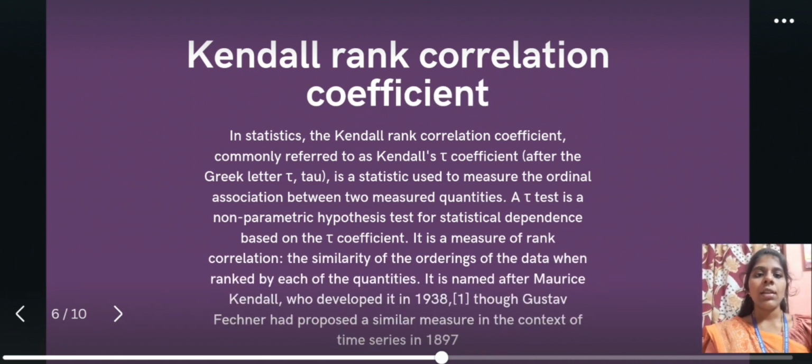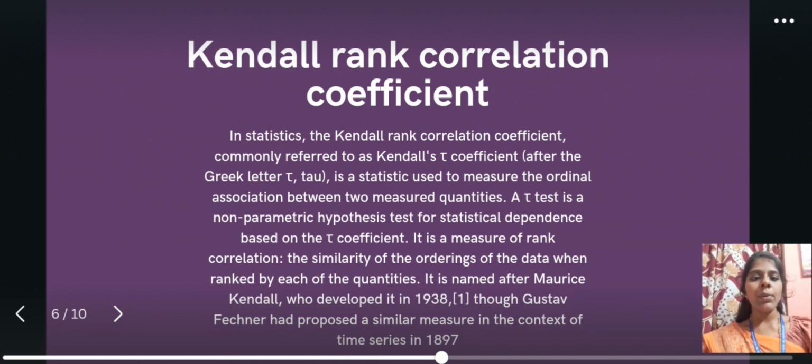In statistics, the Kendall rank correlation coefficient, commonly referred to as Kendall's tau coefficient after the Greek letter tau, is a statistic used to measure the ordinal association between two measured quantities. A tau test is a non-parametric hypothesis test for statistical dependence based on the tau coefficient.